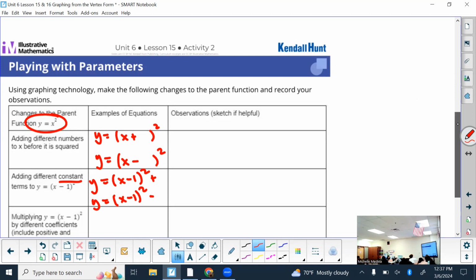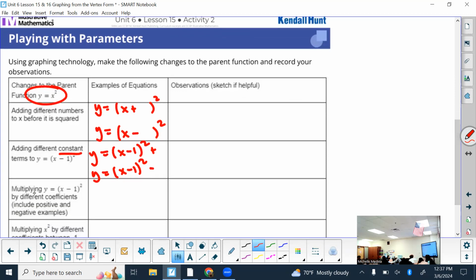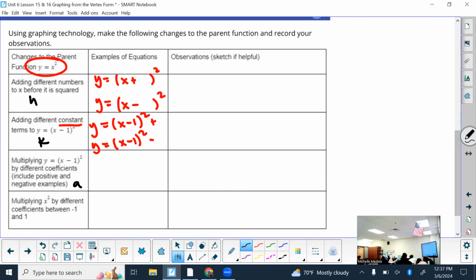So then multiplying this expression by different coefficients, that's where you're changing the A. So maybe if you wanna make a note of that over here, this changes the H. This changes the K. Down here, we're changing the A and seeing how that affects our parent graph.